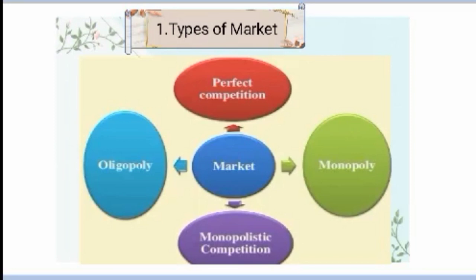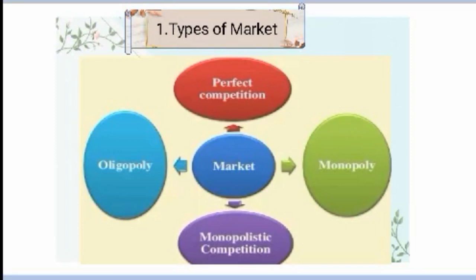Let's move on to the second market structure, which is monopolistic competition. It actually occurs in the real world. In monopolistic competition, there are still a large number of buyers as well as sellers, but they do not sell homogeneous products like the first market structure, perfect competition.